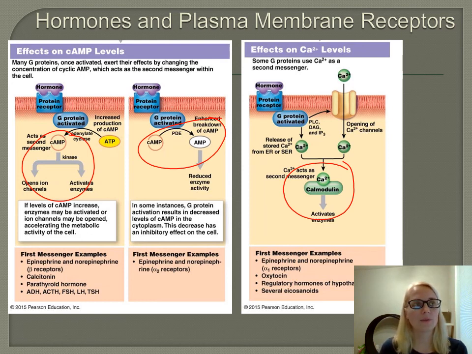So this slide, again, the takeaway message, I don't want you to memorize all of these things or know which one is which, but it's more the idea that you understand that when you have a hydrophilic molecule, it has to bind to the surface receptor and trigger a second messenger cascade inside of the cell.